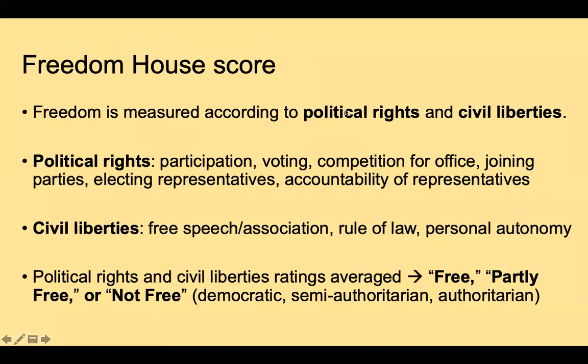The Freedom House score is different than the democracy dictatorship and the POLITY V score because the Freedom House score is really more of a substantive measure. It's a conceptualization that is substantive in its focus on outcomes, things like accountability, for example, autonomy and the extent to which rights are exercised.